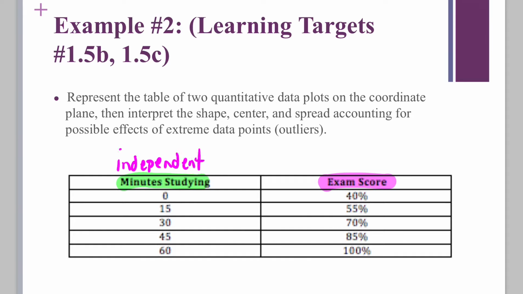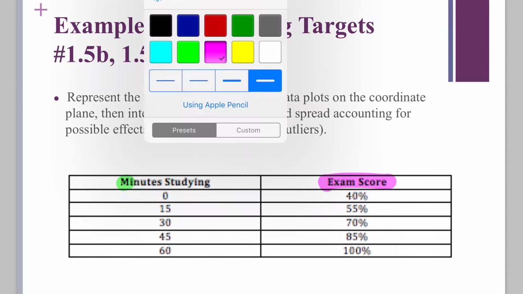Now, logically, the minutes that we spend studying will affect our exam score. So you would think the more you study, more than likely, the better exam score you would get. And so our minutes of studying would affect our exam score. So I want to color coordinate these a little differently.